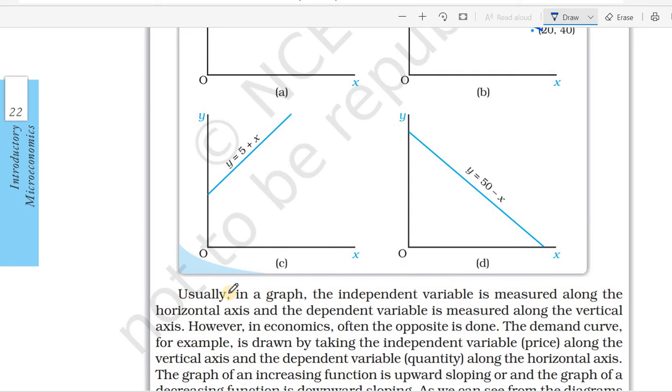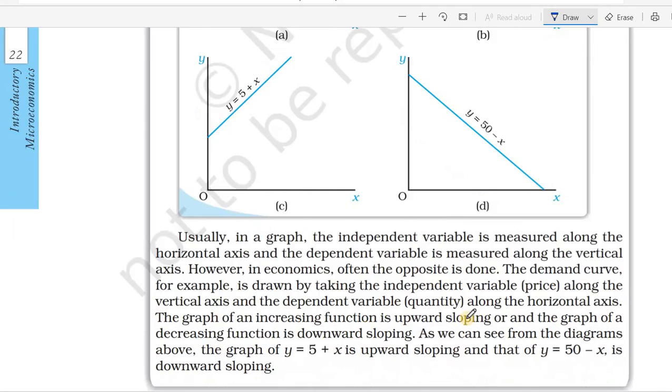Then in the demand curve, price and quantity are related. When the price increases, the quantity demanded will decrease, and when the price decreases, the quantity demanded will increase.